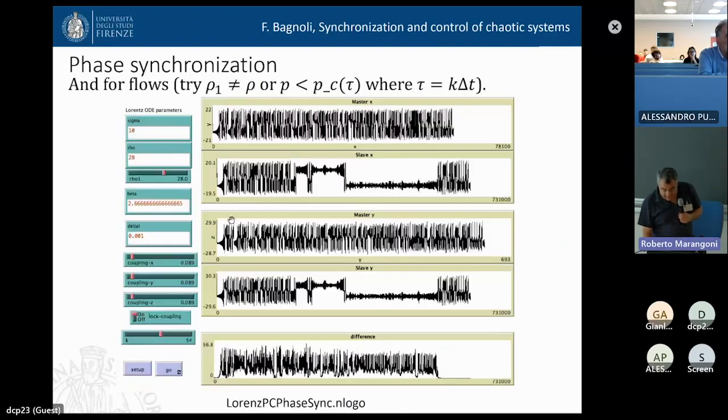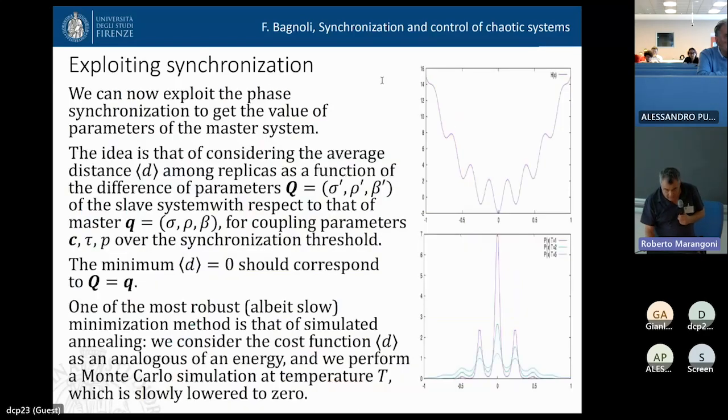But then I can exploit this phase synchronization to find the good parameters. I measure the distance and then I optimize the system so that this measured distance above the synchronization threshold goes to 0. And if I'm able to do that, I'm pretty sure that I get the right parameters. So this is essentially what we did using, for instance, simulated annealing.